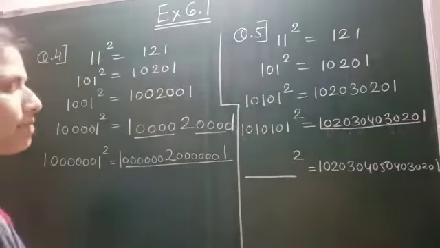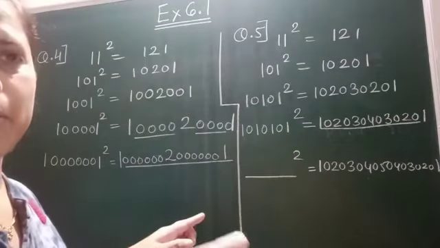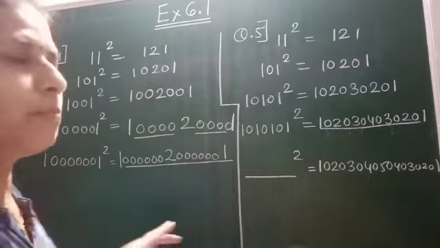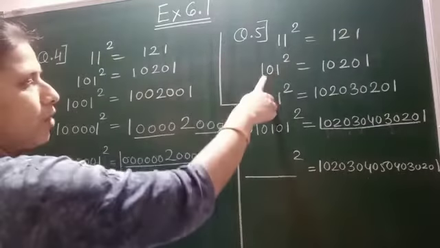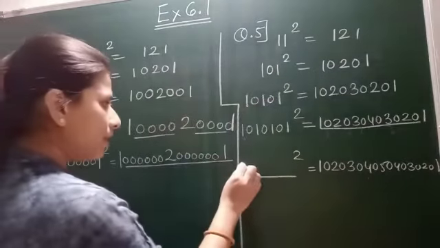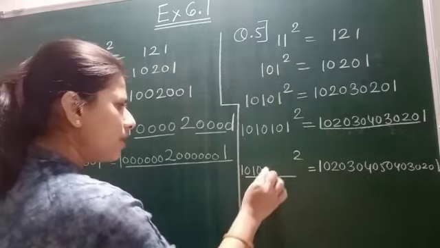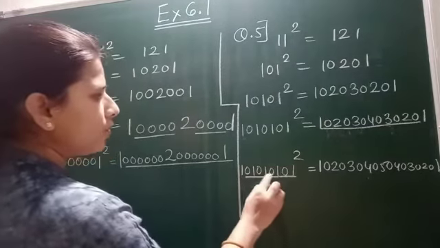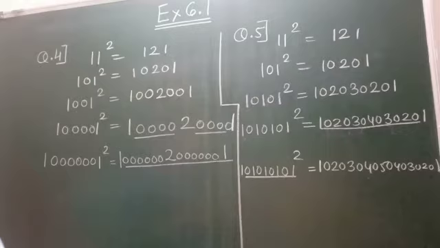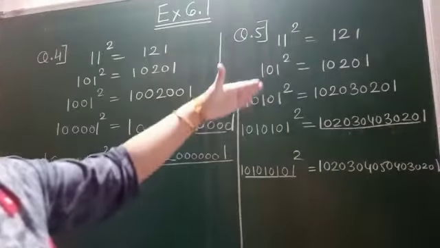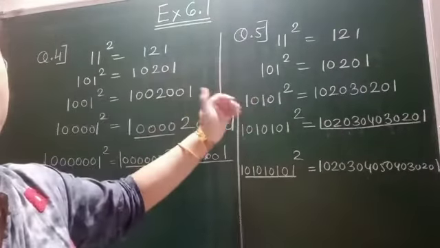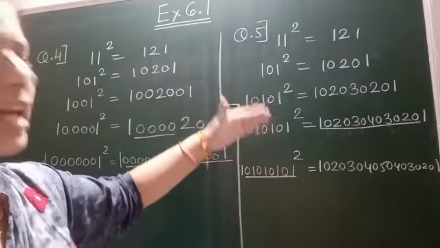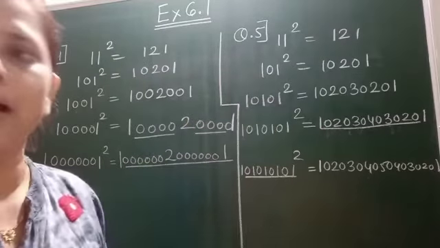Yes, 5 times, and between each 2 and 1 we will put one 0, because we have to follow the same pattern. 1 0, 1 0, 1 0, 1 0, 1. 1, 2, 3, 4, 5. Very simple and interesting pattern. You just have to see the given pattern, and after that fill the blanks.